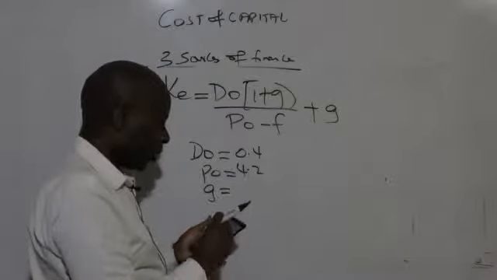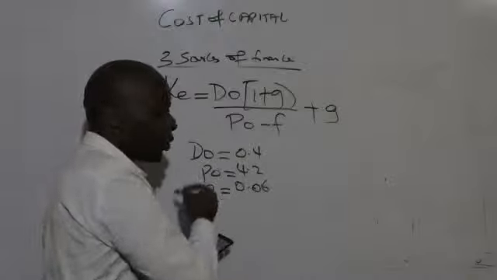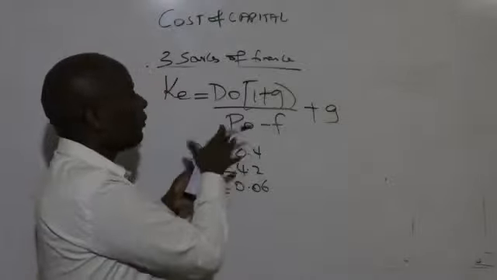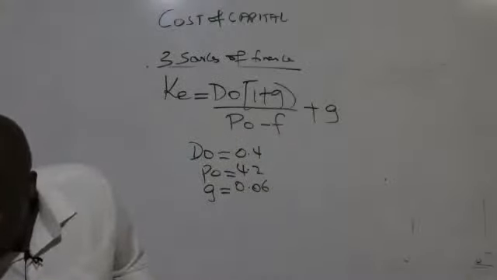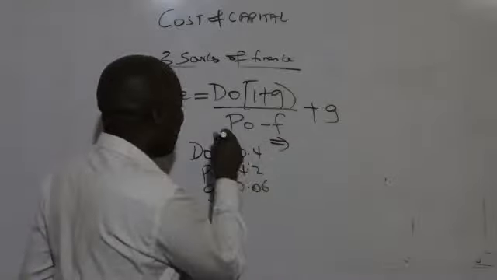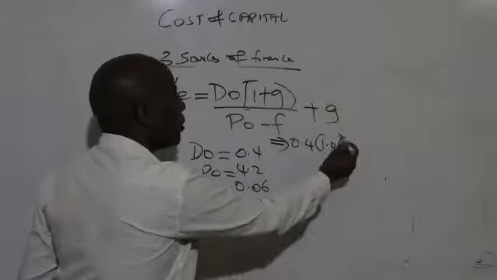Ladies and gentlemen, these guys have given us the growth rate, 6%, which is the same as 0.06. So come and plug the figures in here. Our Ke will be equal to our D0, which is 0.4 into 1.06.